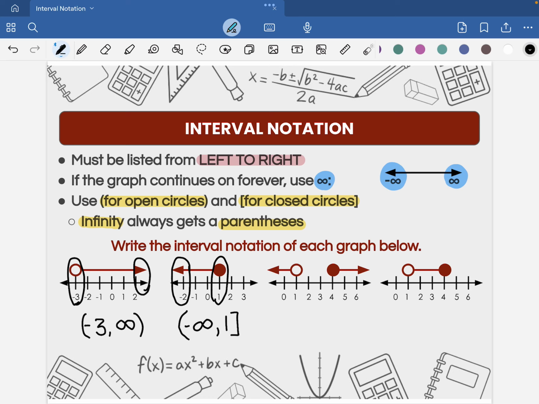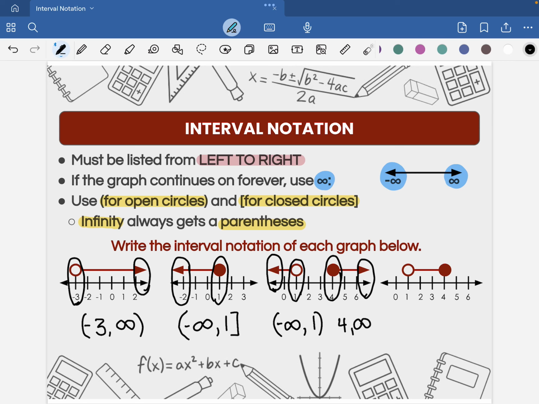The third graph. We're going to do two intervals, one for the part on the left and one for the part on the right. So the first area over here is going to start at negative infinity and end at 1. No closed circles on that part, so they're both parentheses. The other part picks up again at 4 and then goes to infinity.